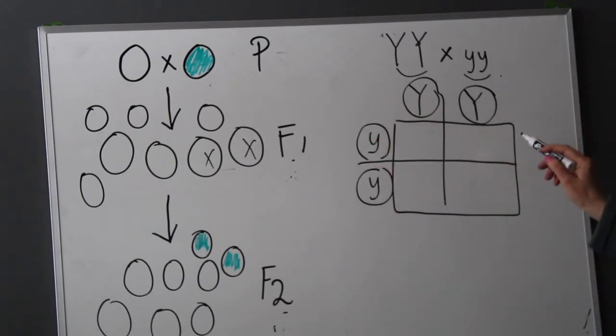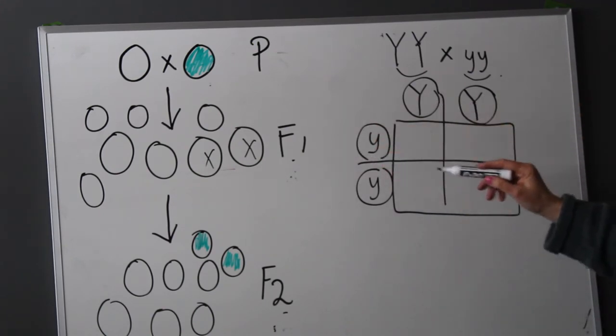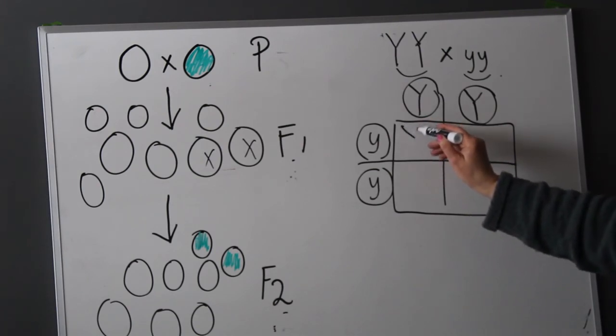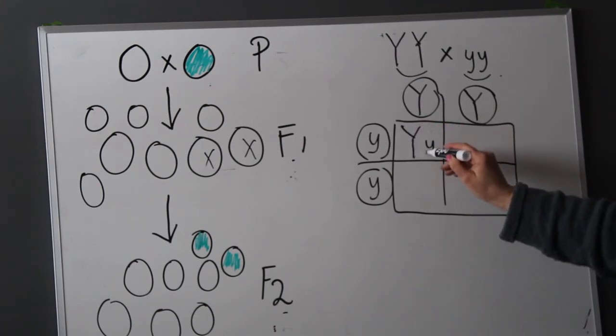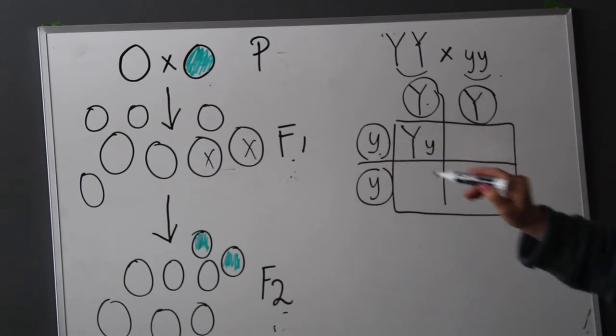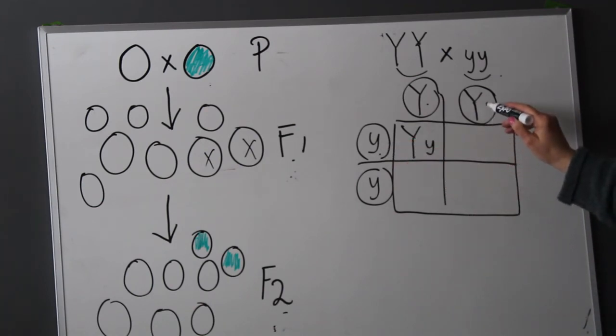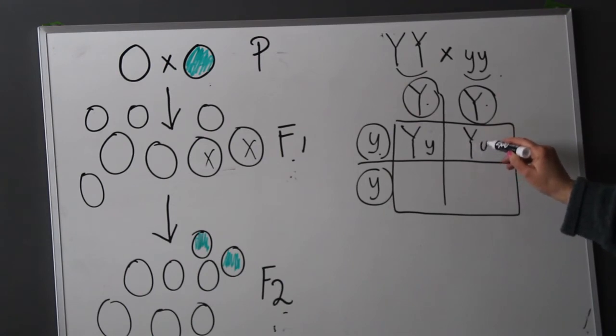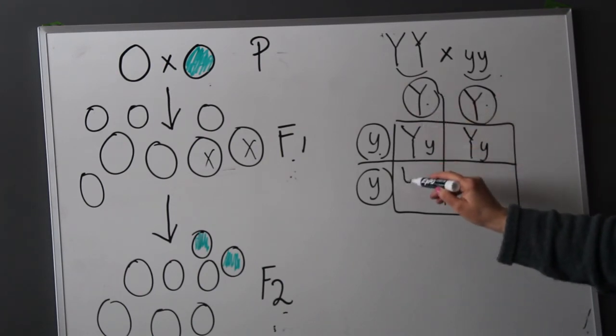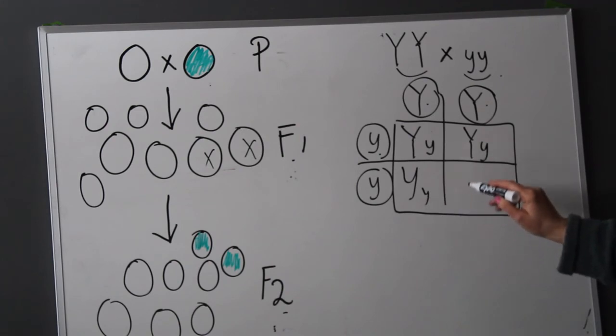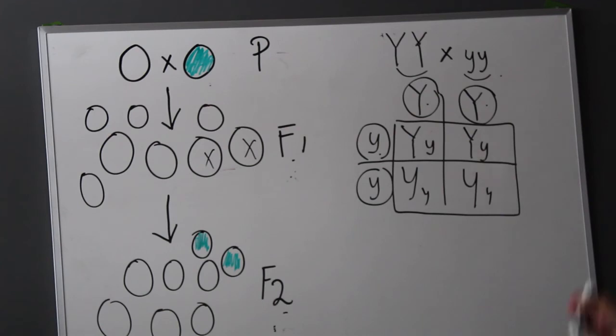Okay, so what we're going to do is just like a multiplication table. I'm just going to go, okay, big Y from this parent, little y from that parent. And then here, big Y, little y. Same thing here, big Y, little y. Big Y, little y. Okay, so we've got 100% big Y, little y. This would be considered heterozygous or hybrid.